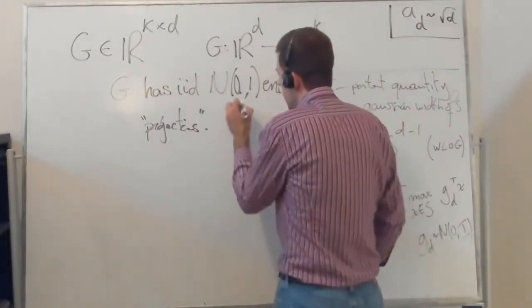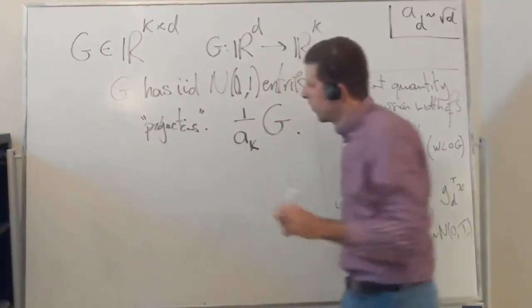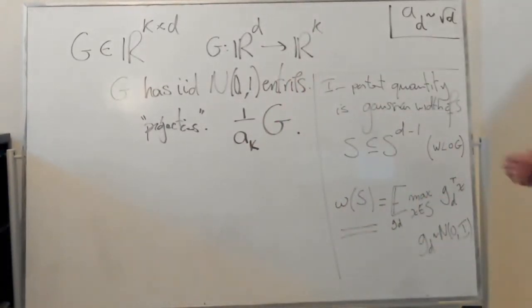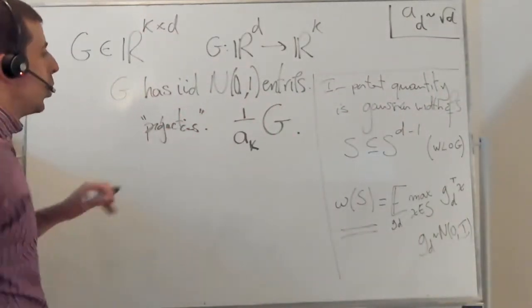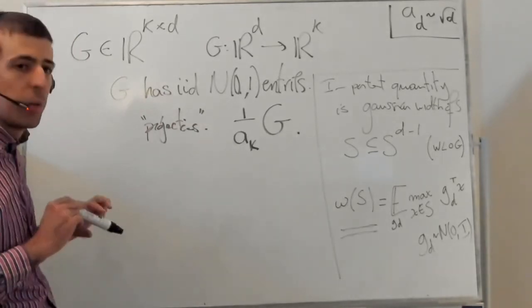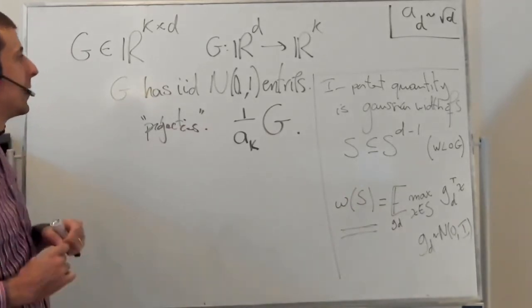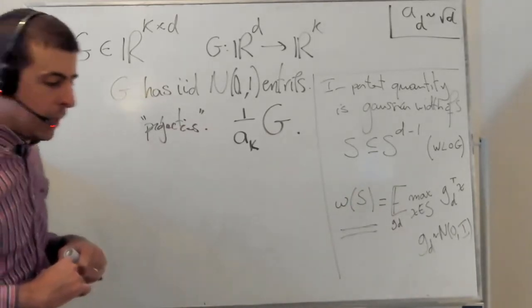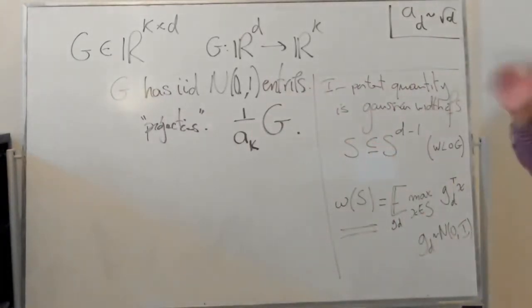The projections will be done with the matrix 1 over square root k times G. This way at least the rows will have norm 1 in expectation, because 1 over a_k is exactly the expected value of the norm of a standard Gaussian in d dimensions.